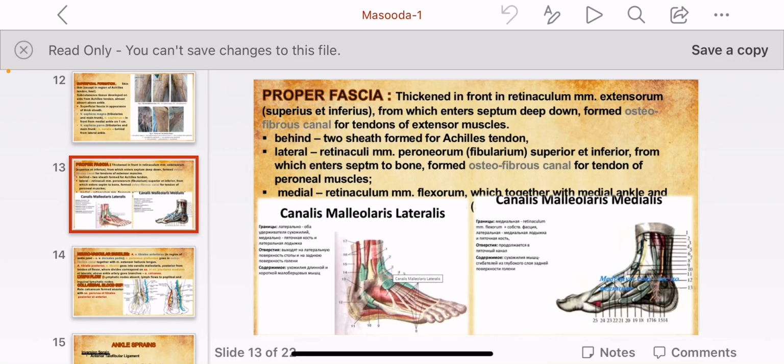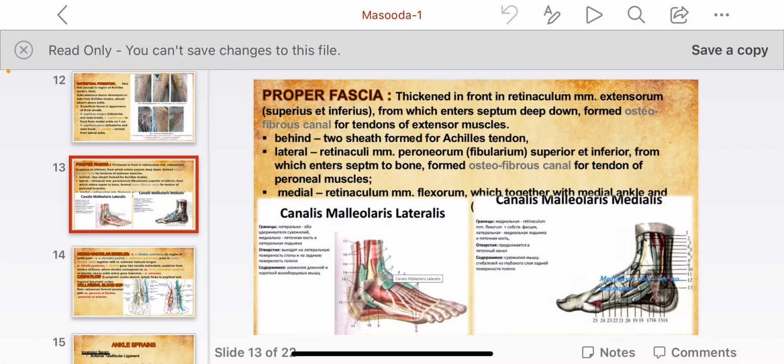Now we are seeing the proper fascia. It is thickened in front as the retinaculum musculorum extensorum, from which septa enter deep down, forming an osteofibrous canal for tendons of extensor muscles. Behind, there are two sheets formed for the Achilles tendon.